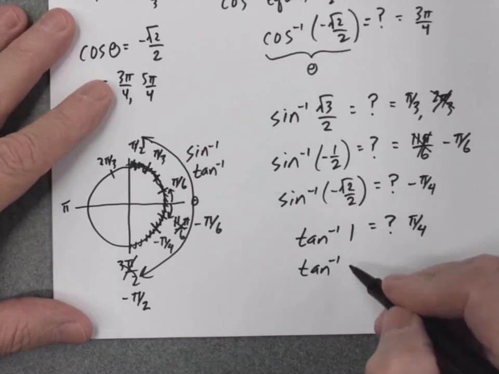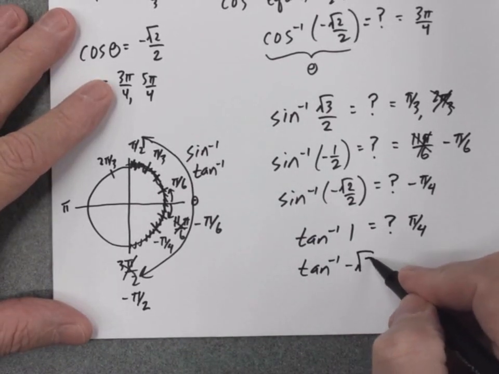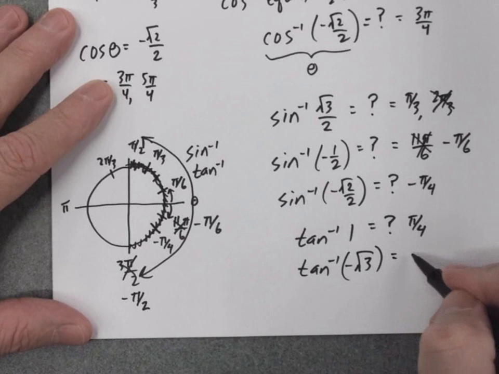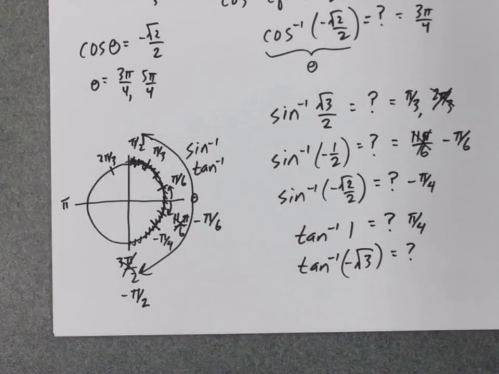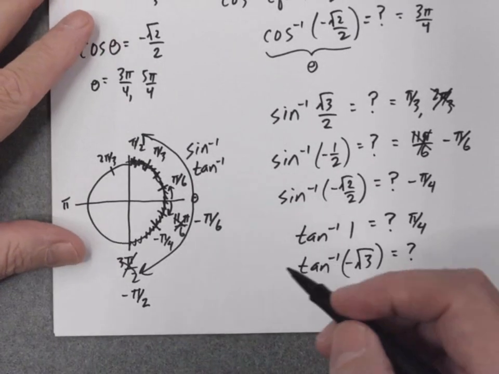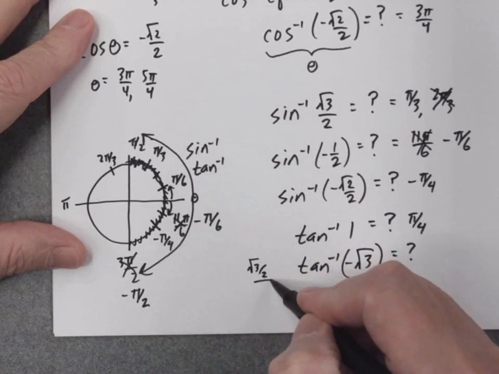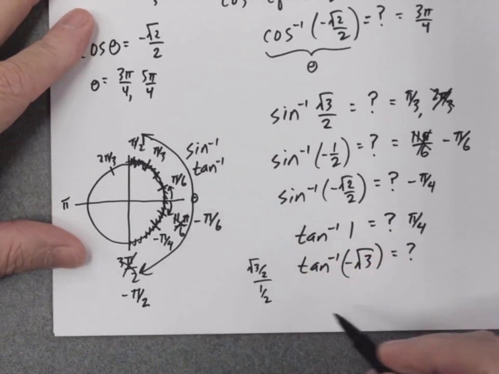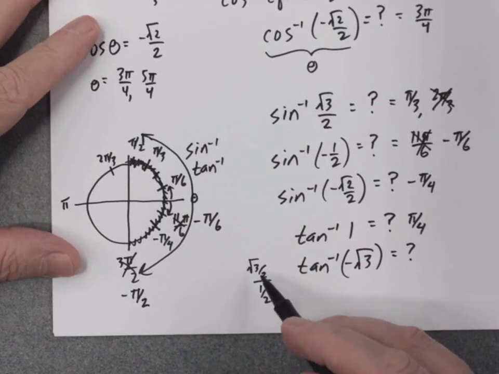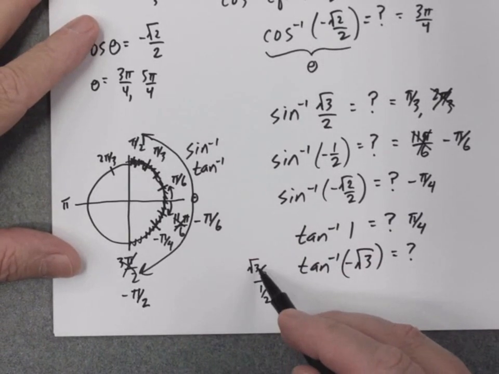However, what if we had the inverse tangent of negative square root of 3? So once again, you've got to think of tangent as sine over cosine. So for this one, we need an angle where the sine is square root of 3 over 2, and the cosine is 1/2, and we need these to be opposite signs.